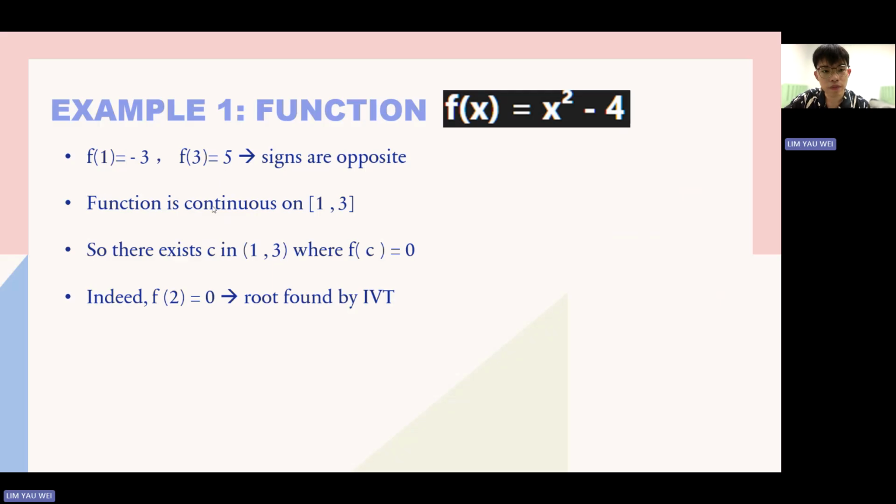The function is continuous on 1 and 3, so between 1 and 3 the equation will get 0. Indeed, if we put 2 inside the function, the root is found. So we achieve the conditions of the intermediate value theorem.